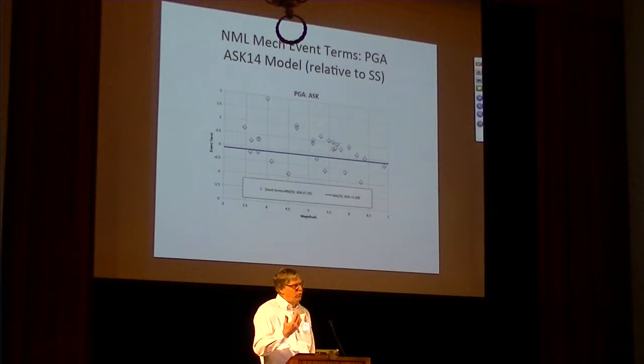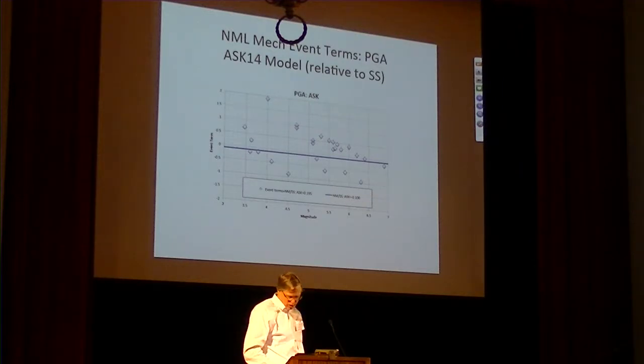The vertical axis would be the event term relative to a strike slip model. Okay? And the blue line is where I would have said 0 is in my GMPE, because I used the minus 0.1. So we can get these, but you're going to see they're not always going to be mean-centered, and this is what we talked about.